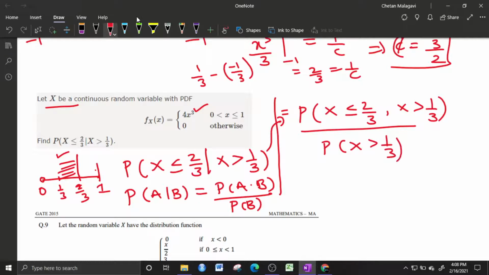We have to solve this denominator, the probability of x greater than 1 by 3. We have the PDF given by 4x power 3, and x ranges from 0 to 1, but we want the probability from 1 by 3 to 1, that is the integral of f(x) dx, which is 4x power 3 dx. So let us solve this.